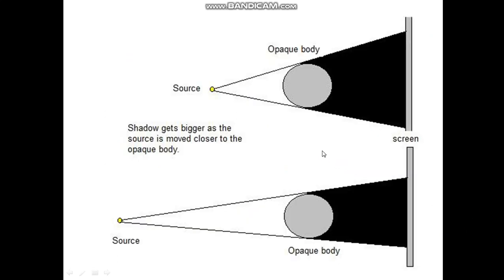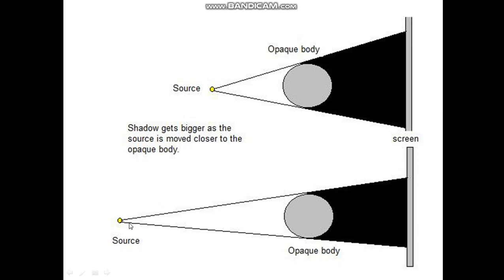To prove it, there is an experiment from which we can see how the size of the shadow differs when the source of light is placed at different positions. So here this is the torch. If we place the torch, or the source of light, nearer to the opaque object, then we will get a bigger shadow.